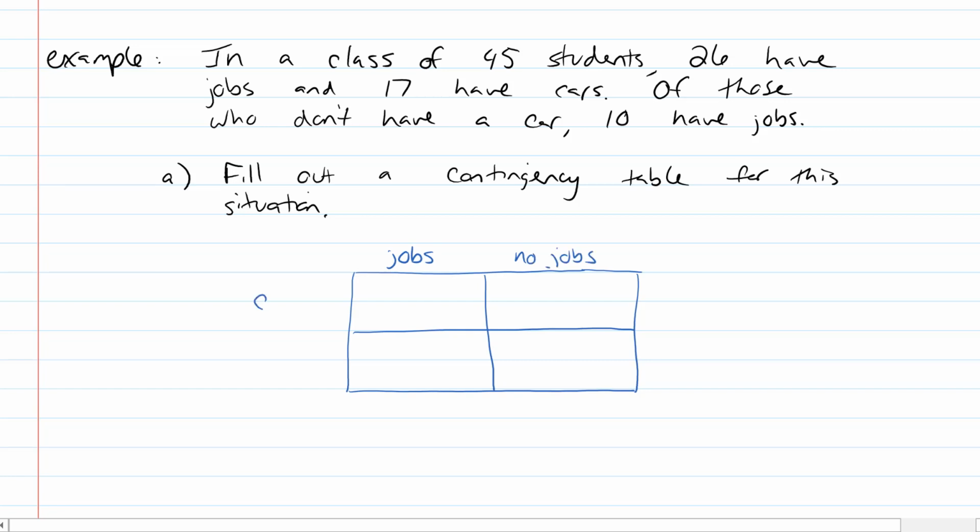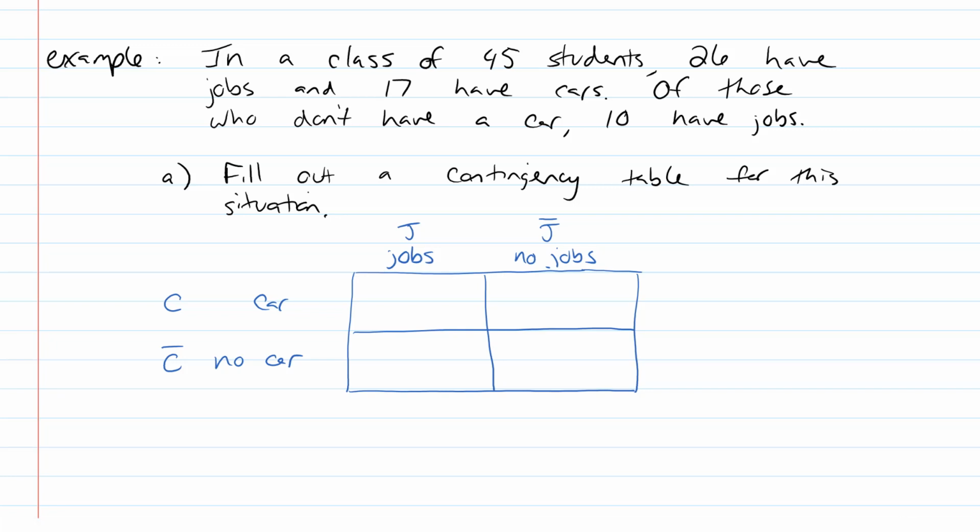Then down on the left we'll have a car or don't have a car. And if you like, you could also call this J and not J, so jobs and no jobs, and car C and no car not C. And now we're going to fill this in.